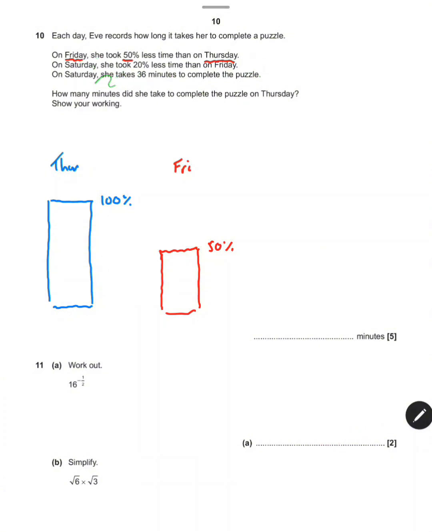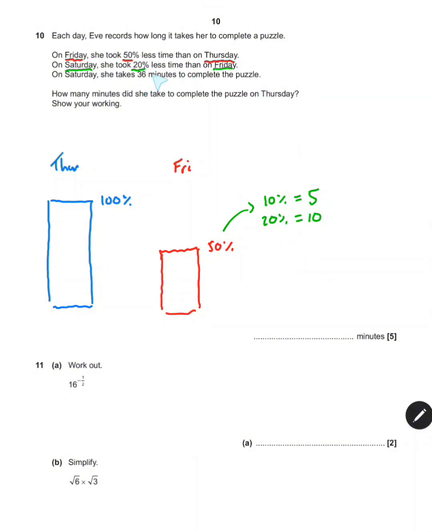The second line says on Saturday, she took 20% less time than on Friday. So I need 20% less than this. So I need to bring this 50% down by 20%. And if we look at that and say 10% of this 50% divided by 10 will be 5. And what I can do then is say, well, 20% of 50% is just double this, which is 10.